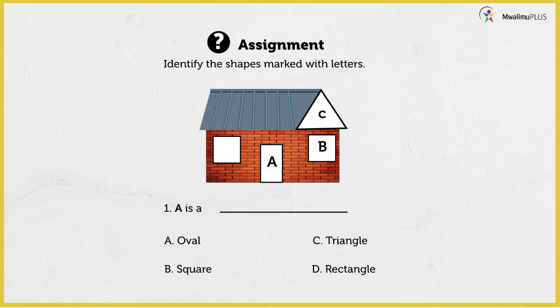Or D, rectangle? Number 2 is B. B is a dash. Is it a square? Is it an oval? Is it a rectangle? Or D, is it a triangle? Then we have the last part, number 3, which is C. C is a dash. A, rectangle. B, triangle. C, oval. And D, square.